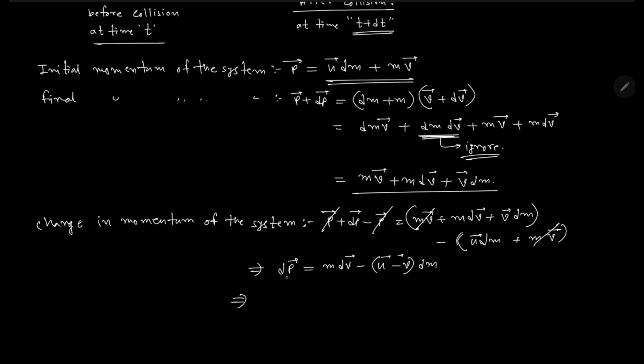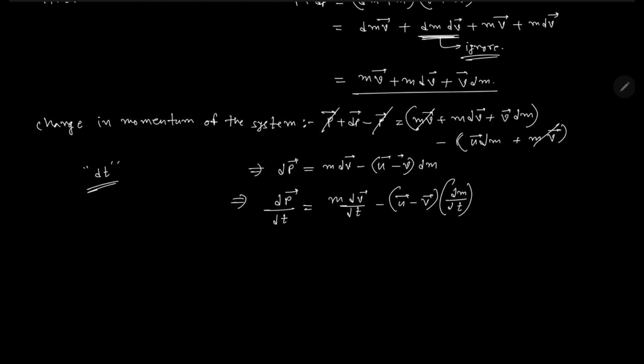Now if we divide both sides by dt, the time between these two events, we will have this.